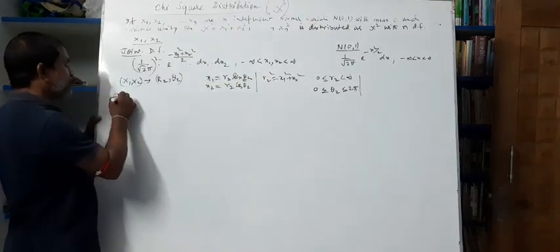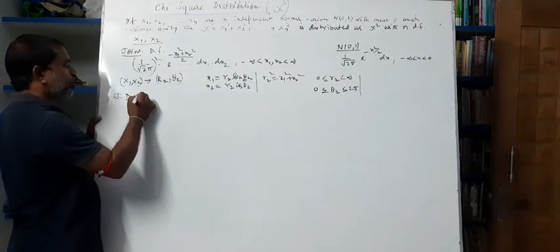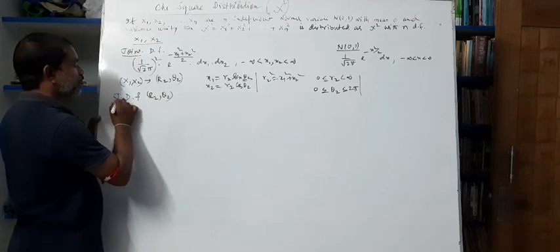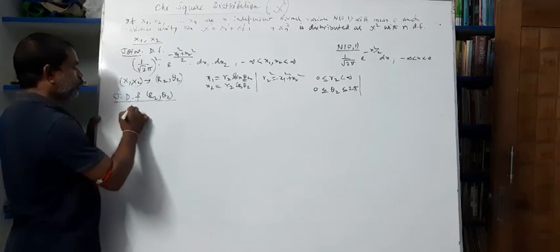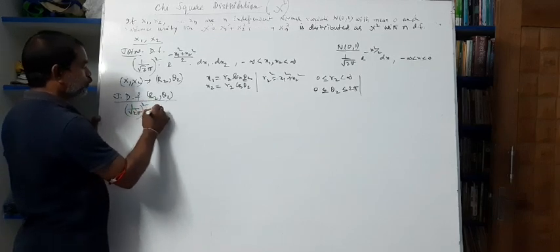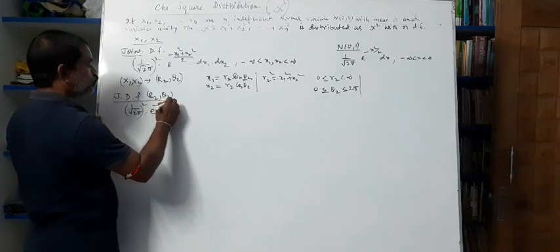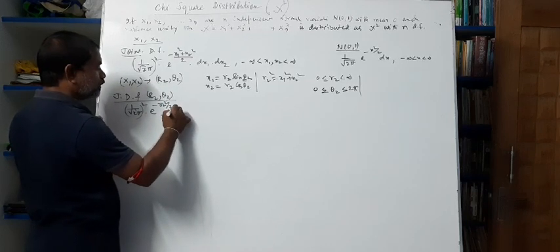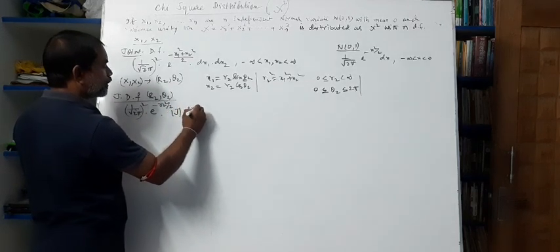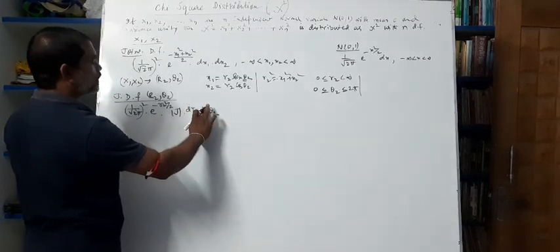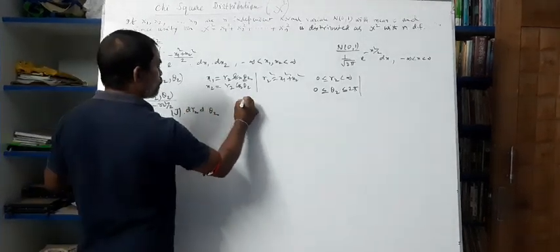Therefore, the joint distribution function of r2 and theta 2 can be written as 1 by root over 2 pi whole square e to the power minus r2 square by 2 times the Jacobian, dr2 d theta 2. And what is the Jacobian?